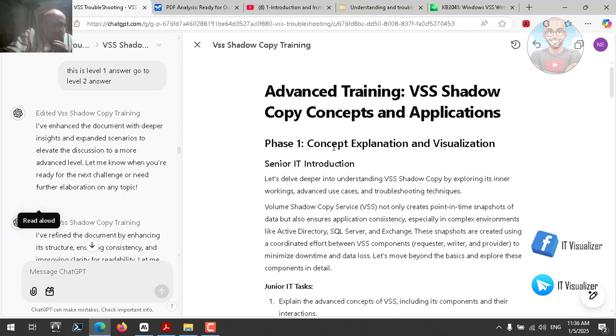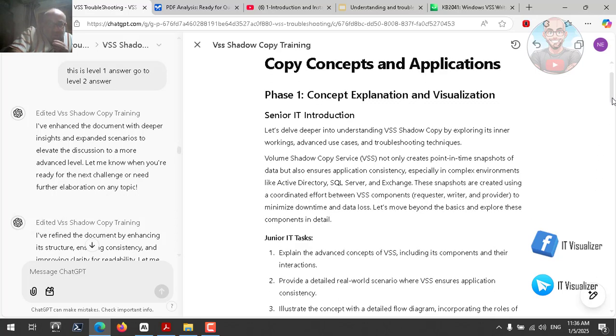So here we will discuss the first phase: concept, explanation, and visualization. Senior IT introduction. Let's delve deeper into understanding volume shadow copy by exploring its inner workings, advanced use cases, and troubleshooting techniques.